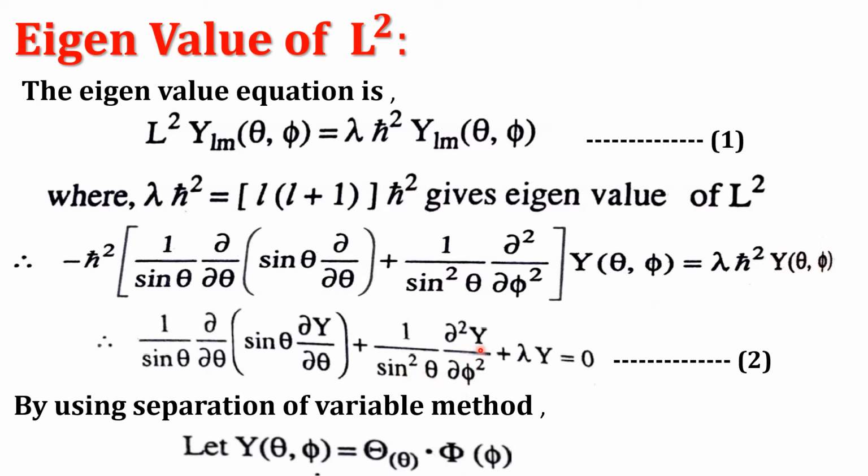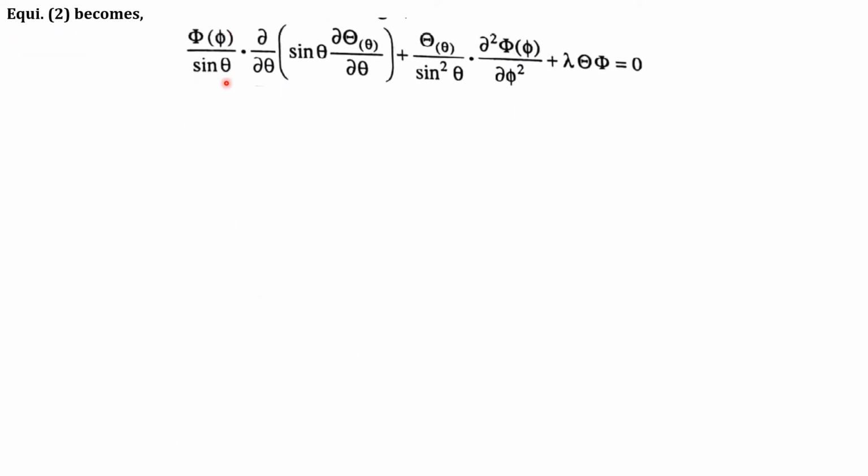The last term is λΘΦ. Therefore, equation 2 becomes Φ/sinθ ∂/∂θ (sinθ ∂Θ/∂θ) + Θ/sin²θ ∂²Φ/∂φ² + λΘΦ = 0.